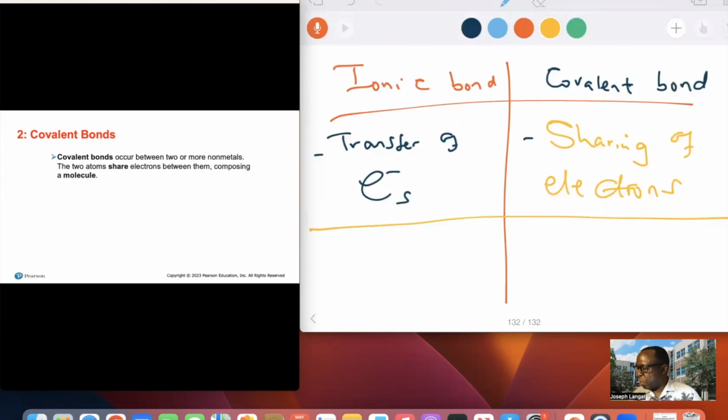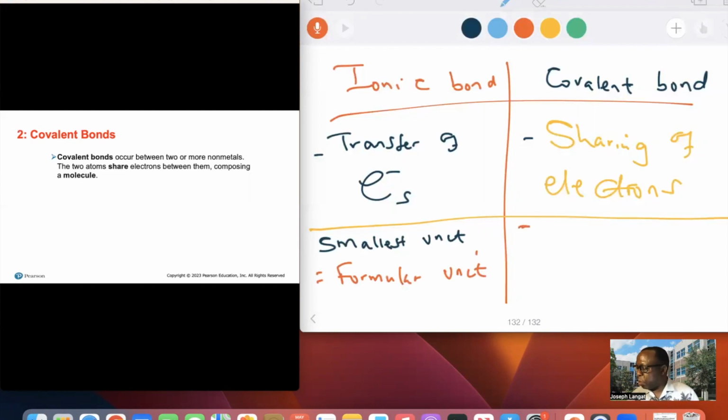The smallest unit is called a formula unit. That is, if you take 1 chlorine and 1 sodium, put them together, that's the fundamental compound. We call that a formula unit.